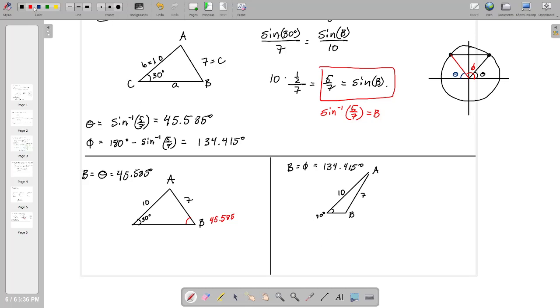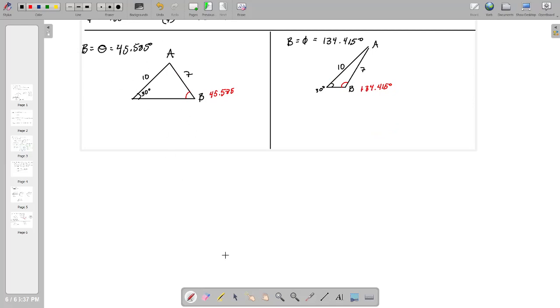But this angle here, this angle B, is 134.415 degrees. So notice that the sides didn't change. This length is the same as 7, this length is 10, still 10, and 30, 30. The given information didn't change. The only problem is that we had two possible solutions with the given information. That's all.